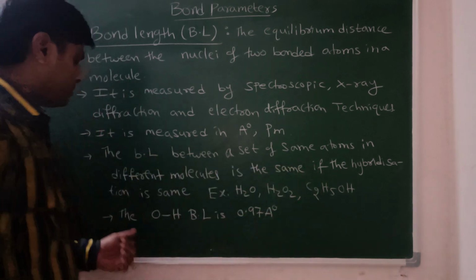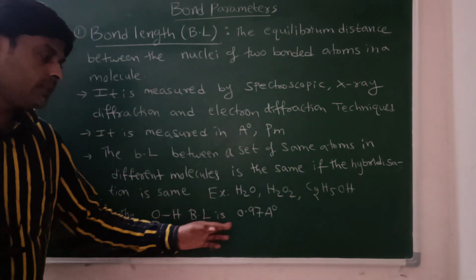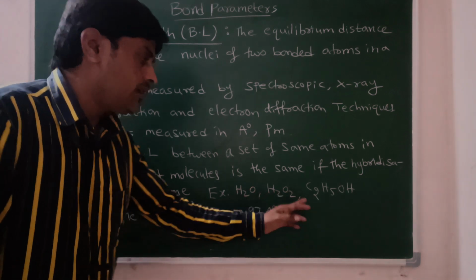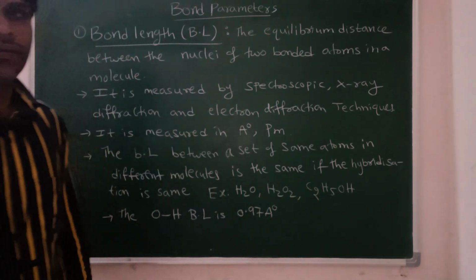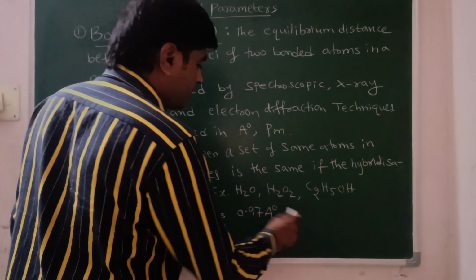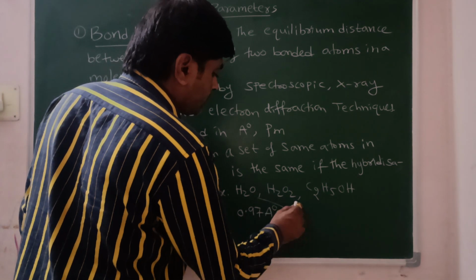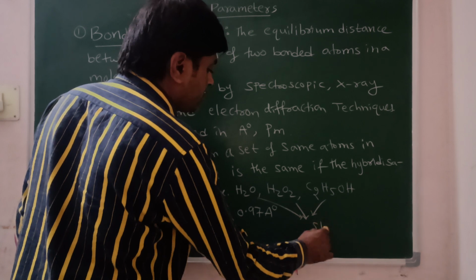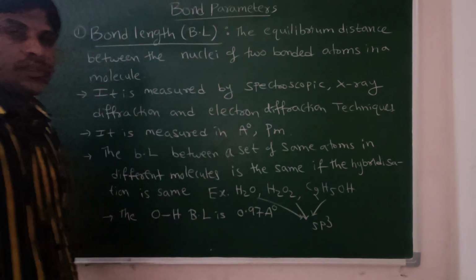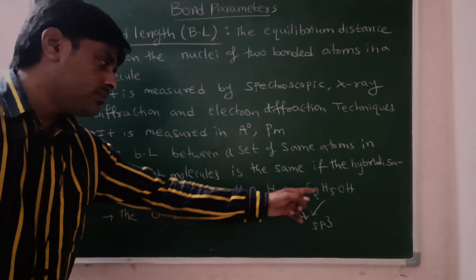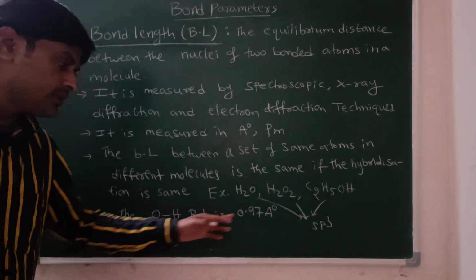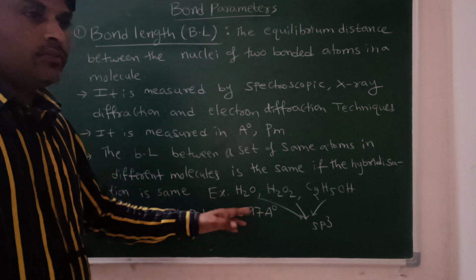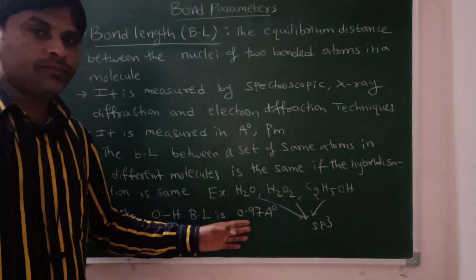In these three compounds, the oxygen-hydrogen bond length is 0.97 angstroms, because in these three compounds the hybridization is the same, that is sp3. That's why the oxygen-hydrogen bond length is the same, 0.97 angstrom. This value is given experimentally.